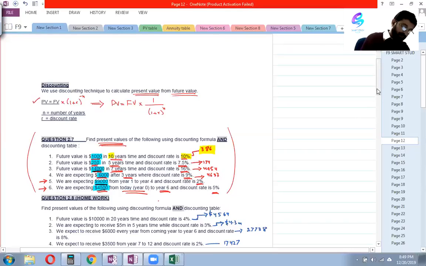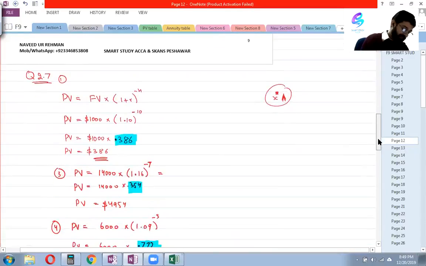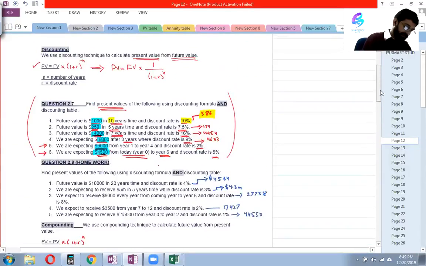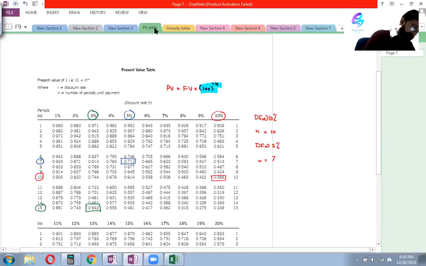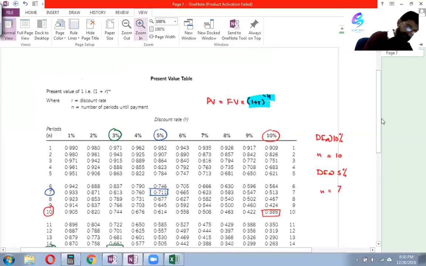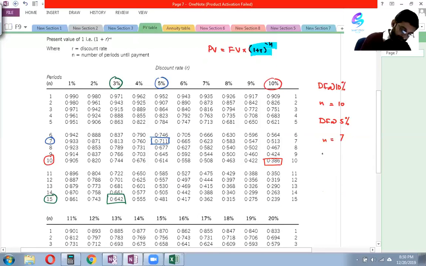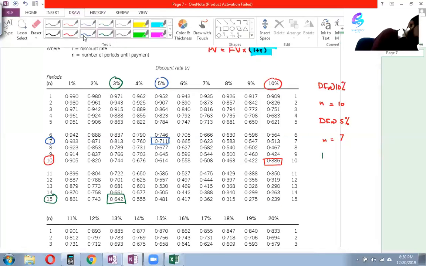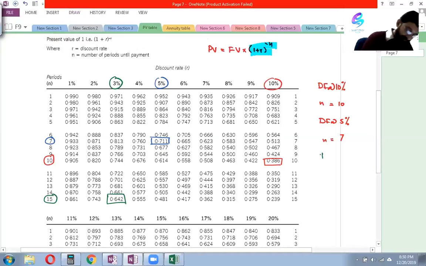Now, the issue with this is, with one of the questions, if you remember, the discount rate was 7.5%. The second one, the discount rate was 7.5%, right? So let's say the discount factor at the rate of 7.5%, and the number of years is, let's say, 4, right?